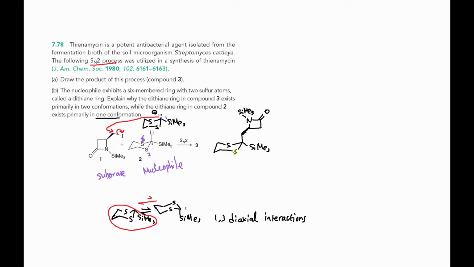However, when you take a look at our compound 3 that we just formed, you have to remember that either way it's going to create a bulky group in the axial position.